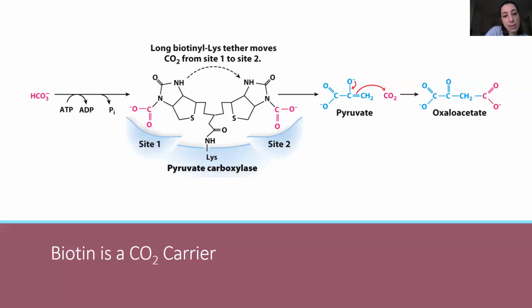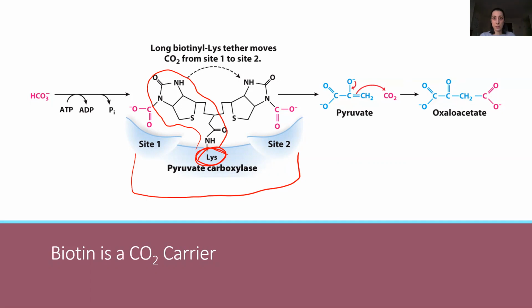So you can see in this very simplistic diagram, we have our enzyme pyruvate carboxylase. This is a very simplified view of it. So this is like our binding site. It's a close-up view of pyruvate carboxylase, the whole enzyme. And within the inner portion of the enzyme, there is a lysine amino acid, which is attached to this molecule called biotin. So biotin acts as a cofactor. Remember, that's a molecule that's incorporated into an enzyme to help it function.